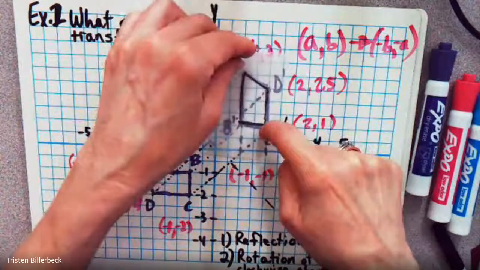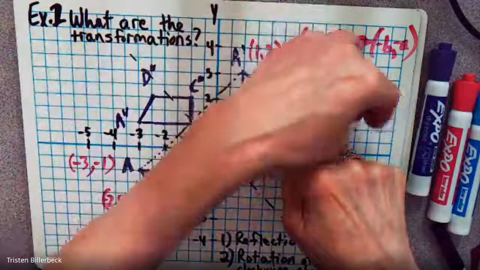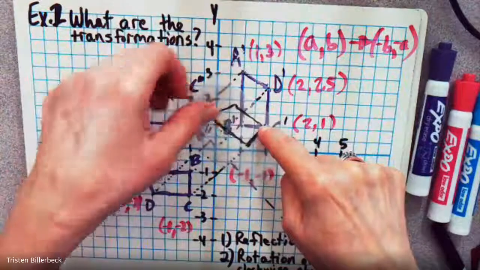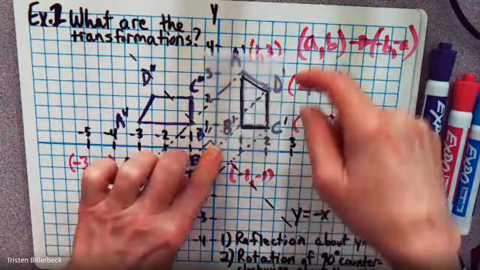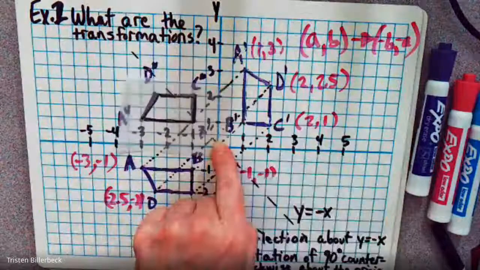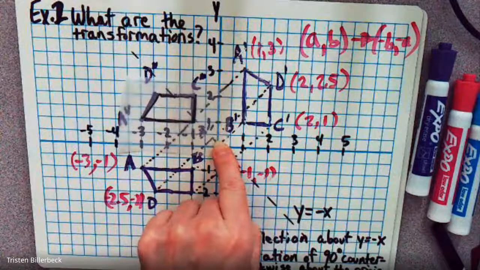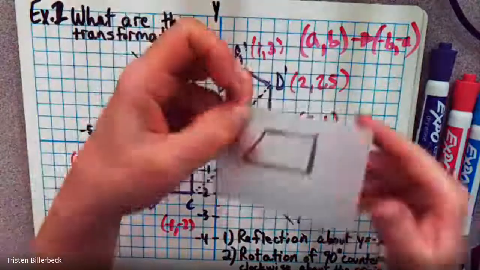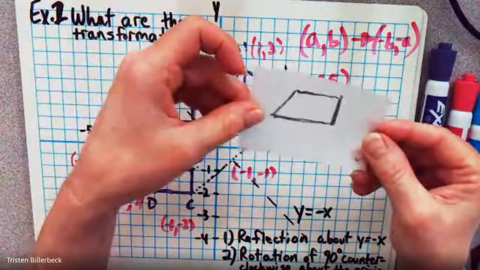So you really need to specify what your point of rotation is. This particular one was a rotation about the origin. So that's how we lined it back up over here. So do get your tracing paper out, or wax paper or parchment paper, because this will save you.